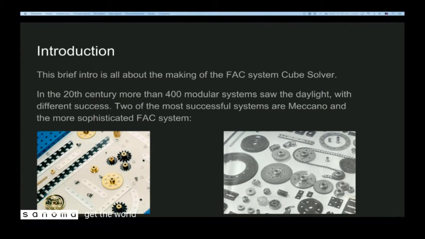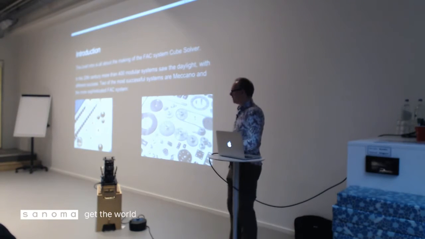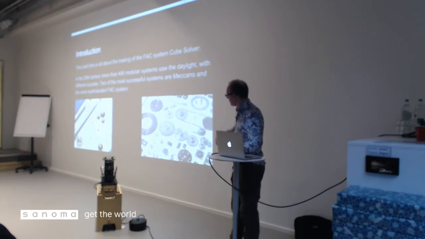I'm just curious myself, who is familiar with Meccano? Whoa. So, I'm impressed. Well, Meccano is a beautiful system as well. You can see it on the left side. It's like the FAC system.